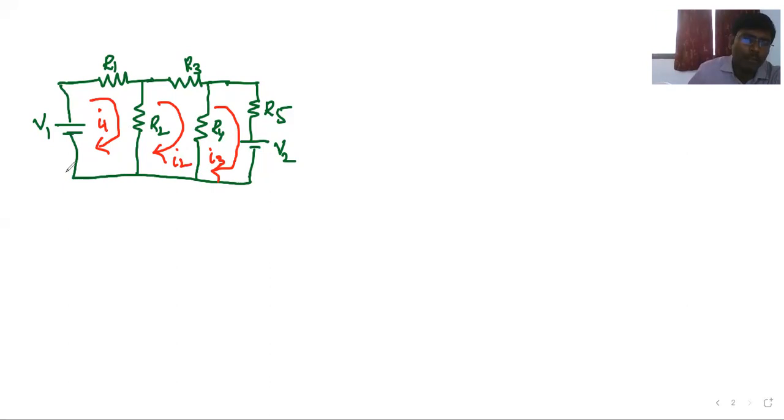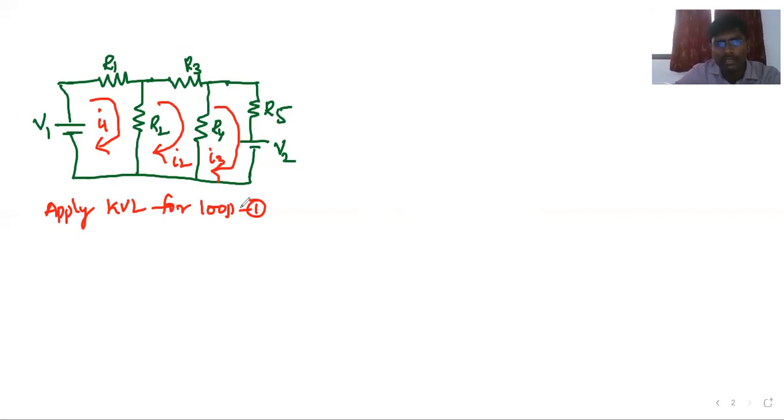Okay, then you apply the KVL for each loop. Now apply KVL for loop 1. What KVL says: the algebraic sum of all branch voltages around any closed loop is equal to 0, or the sum of the voltage drops around any closed path is equal to the sum of the voltage applied in that loop.